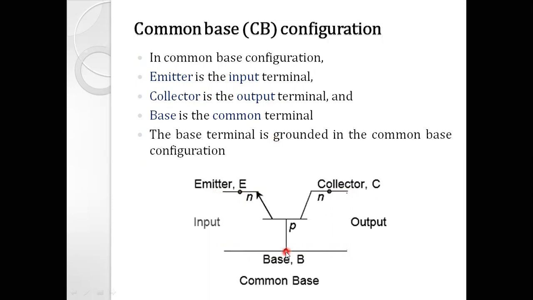So the base terminal can be considered here as one of the input terminals as well as one of the output terminals. So input is given between the emitter and the base terminal, and output is taken between the collector and the base terminal. So here the base terminal is common between input and output. Because of that, this configuration is known as the common base configuration.